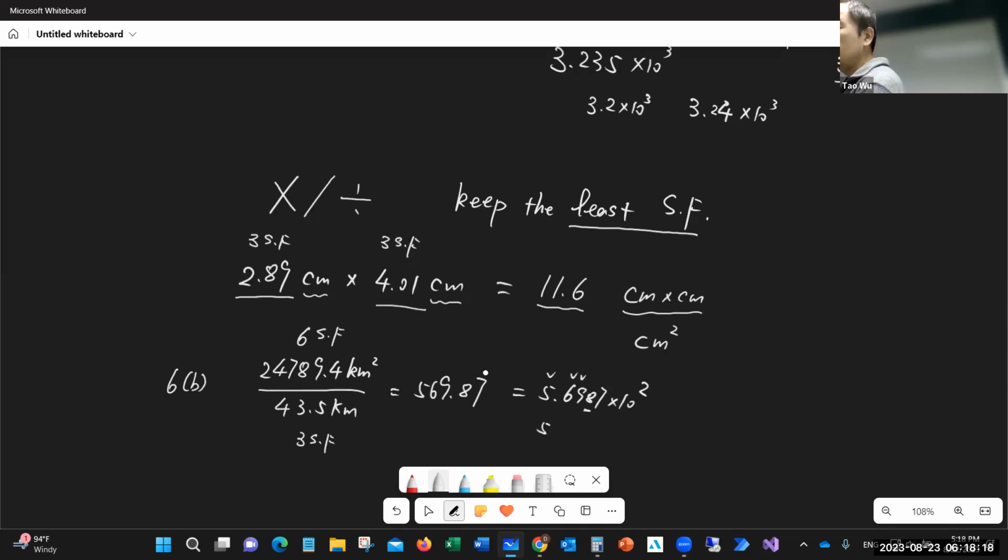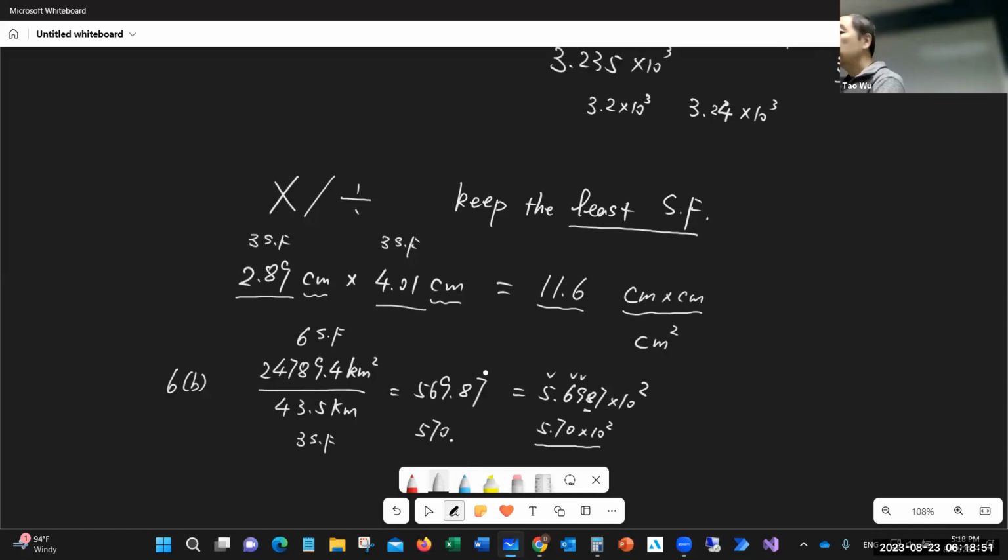So you're going to write it as 5.70 times 10 to the second. This has to be written in scientific notation, because if you write it otherwise, it becomes 570, which looks like only 2 sig figs, unless you have a decimal point shown. But usually we don't get a dot. So it's better to write scientific notation like this.